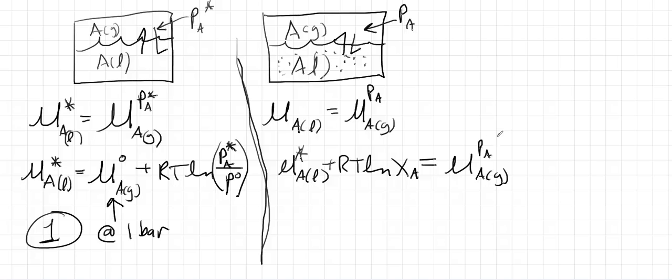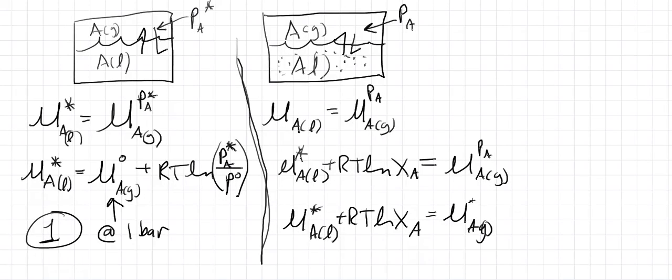Well, we can change this into terms of the standard state of a gas, 1 bar. Say chemical potential of A liquid, pure, plus RT log, so we're just going to bring this term down. And then we're going to say this is equal to the chemical potential of the gas at 1 bar plus a term that gets you from 1 bar up to the actual pressure that you are, where you are.